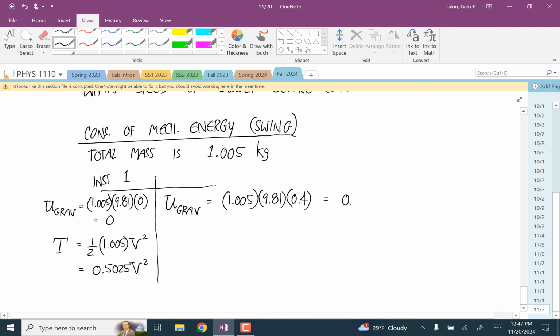So that's 0.3943, and this is in joules. And then the kinetic energy is 1/2 times the mass times the speed squared. What's the speed when it gets to the highest point, just as it's about to come back the way it came? 0. Perfect. So 0 squared, so this comes out to be 0.